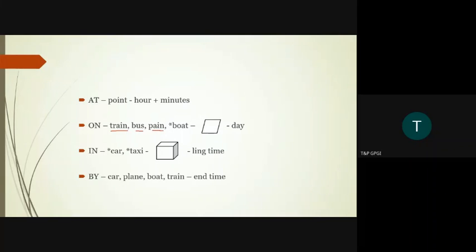Sorry, it's not plane, it's P-L-A-N-E, plane. Please excuse me for that. All right. So with on, you can be on a train, bus, plane, boat, anything. But there is an exception over here. There is definitely an exception.